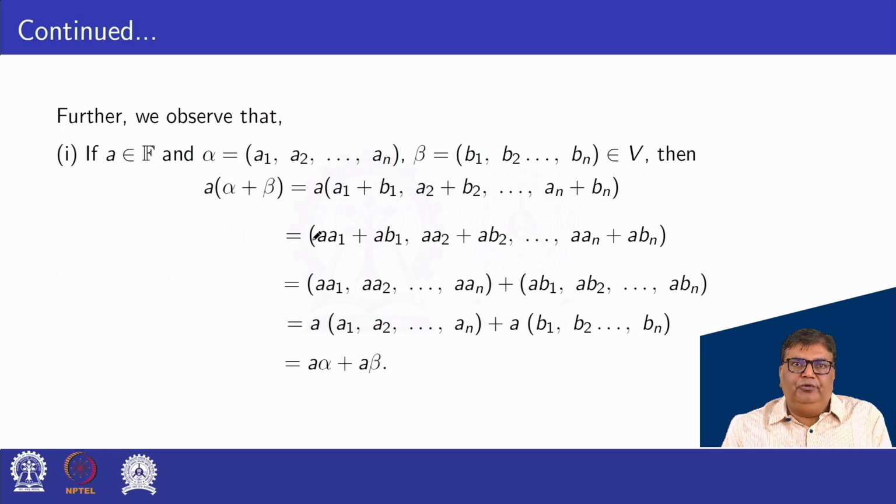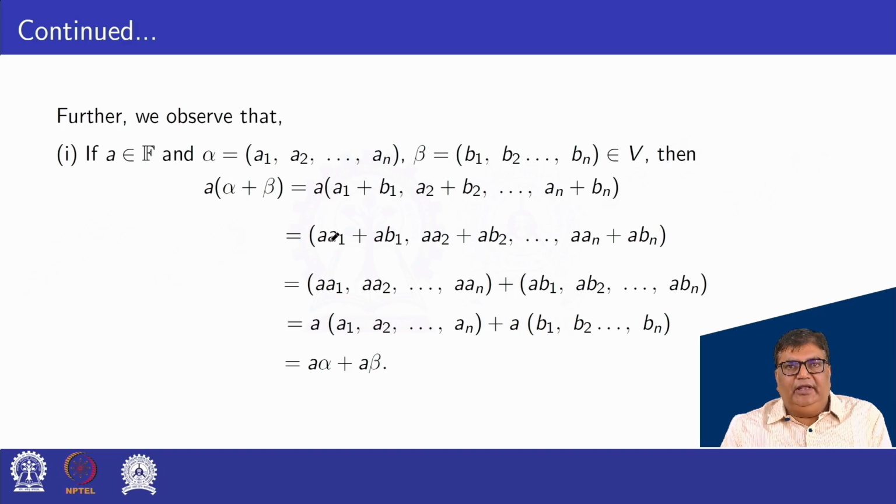So we have to check the properties of scalar multiplication with a vector. That is, the first property of external composition of a vector space: a into (alpha plus beta) is equal to a times the value of alpha plus beta, that is (a1 plus b1, a2 plus b2, and so on, an plus bn).